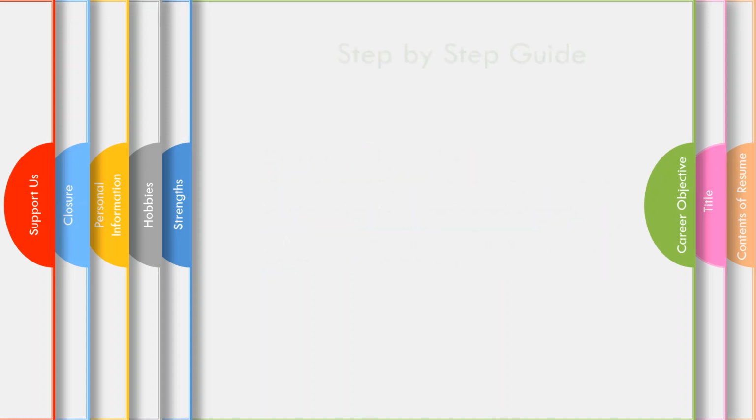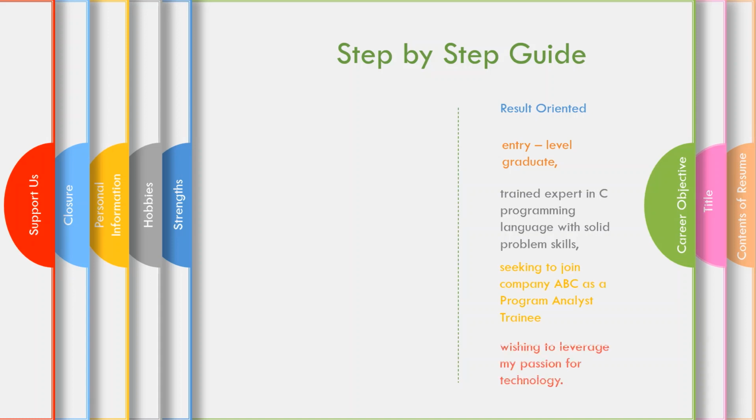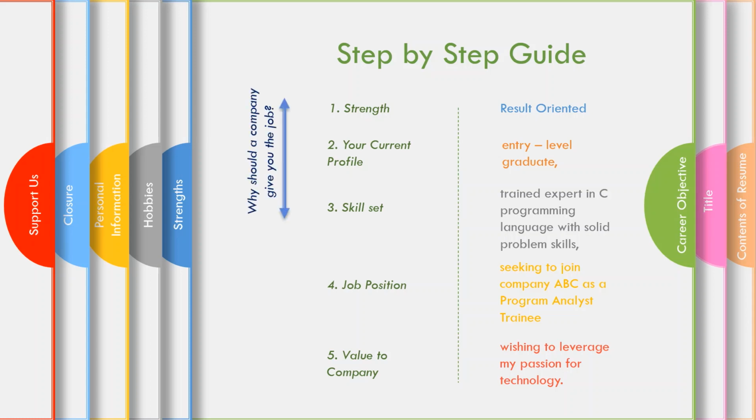Now, let's discuss how to frame a better career objective. I've divided the same statement into 5 different phrases as strength, current profile, skill set, job position and value to company. Well, the first three inputs answer the question, why should a company give you the job?